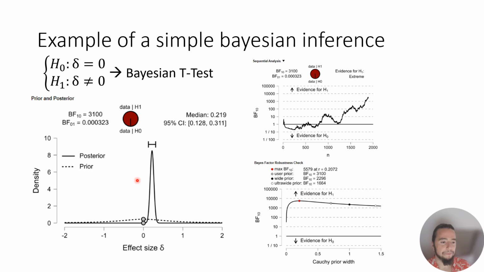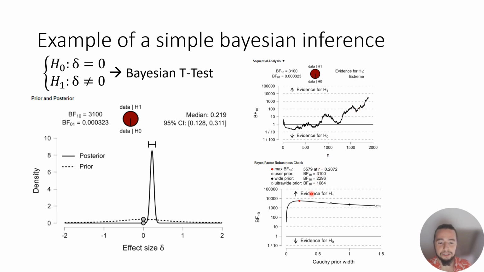We have a bias factor of 3010, which is extreme evidence favoring H1. We have the pizza plot here, and also the sequential analysis, as you can see here, showing how the sample is being introduced. It has some ups and downs, but it's increasing constantly as the general pattern. So it seems that our dataset is more or less stable. Maybe these ups and downs reflect a potential confound, but it's not a big deal.